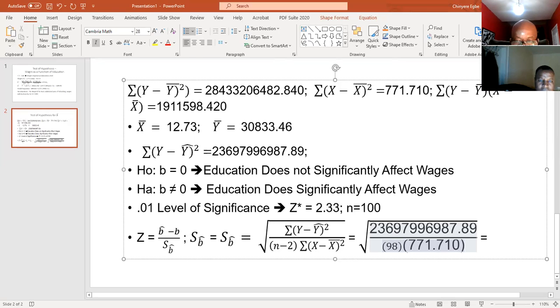236 799 6987 divided over 771.71, 98 over 98, 8 times 771.71.